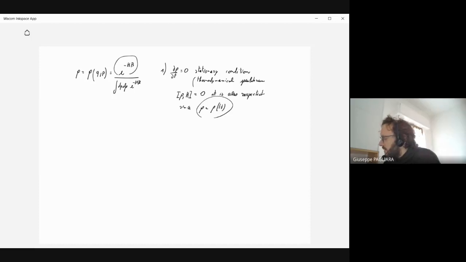So again, this ensemble indeed can be used in stationary condition, which means thermodynamical equilibrium, because it's just a function of h. So it's another possible solution to the Liouville equation in stationary condition, which means thermodynamical equilibrium.